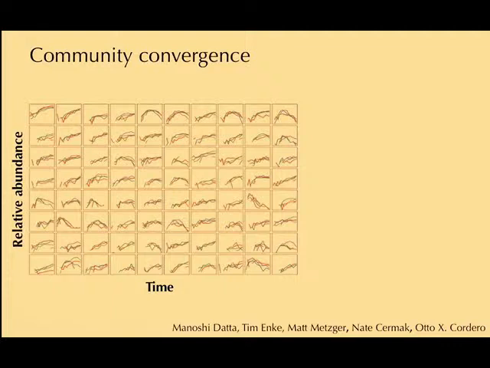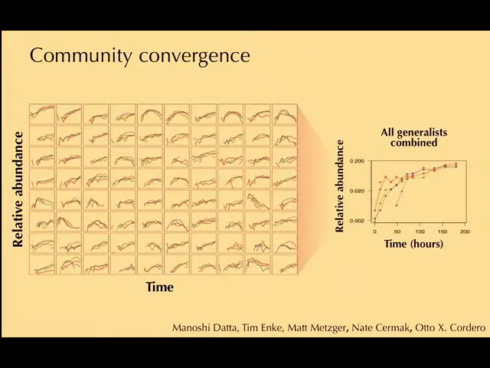And of course, the opposite would mean that the dynamics are converging. And so we can ask that question. So what we do is that we add them all up, all these generalists. These are all the broad range taxa, the generalists. You add them all up, what you see is that they tend to increase in abundance from 0.2% to 20%. So basically, the communities are converging.